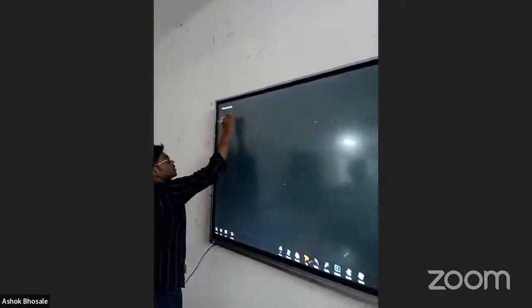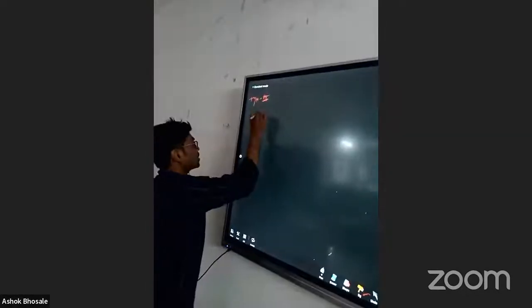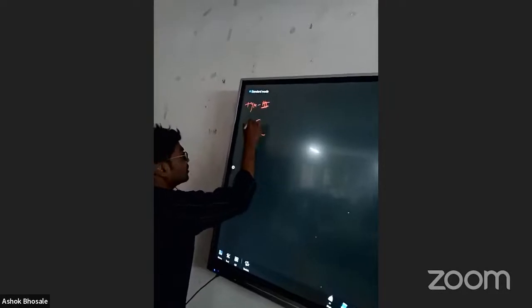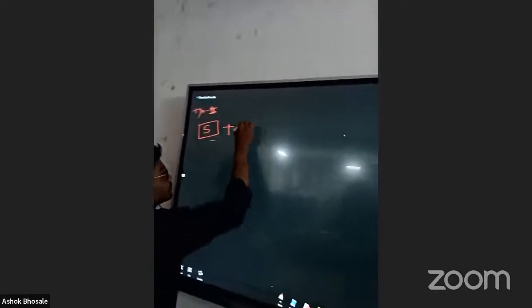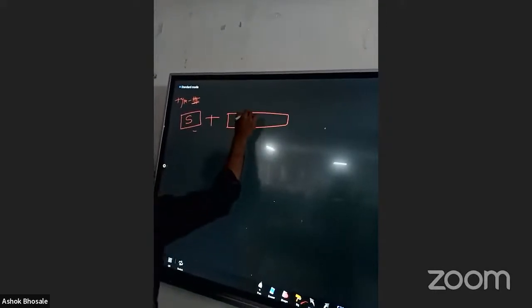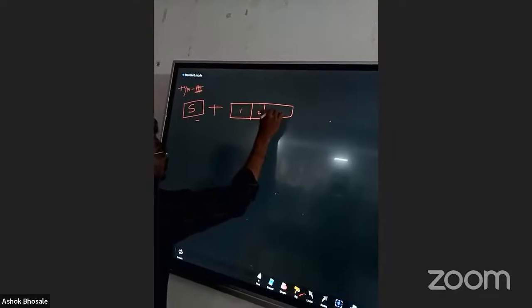Type number 3. In the third type, you take the s orbital, one orbital, and another three orbitals, 1, 2, and 3.